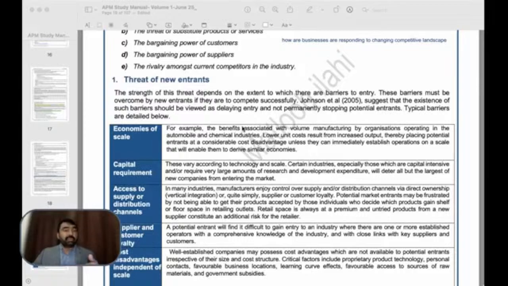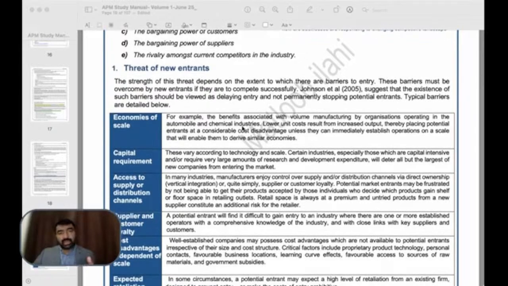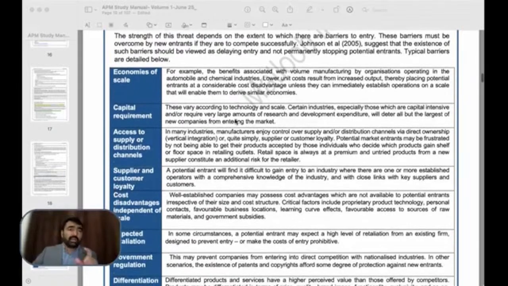As I mentioned, this threat would be higher when there are low barriers to entry, but if there are high barriers to entry, this threat will be low. So what could those barriers to entry be? For example, economies of scale. If existing businesses are already enjoying economies of scale, it would be difficult for the new entrant to achieve those economies and that cost level.